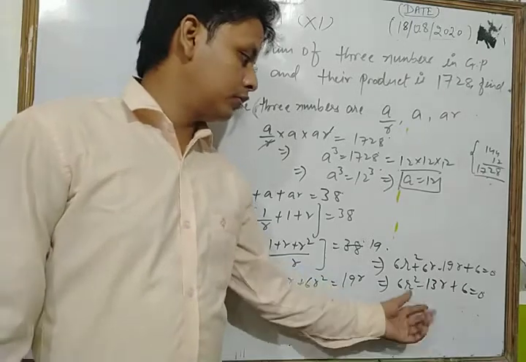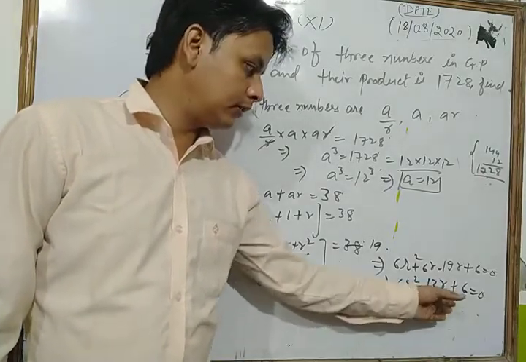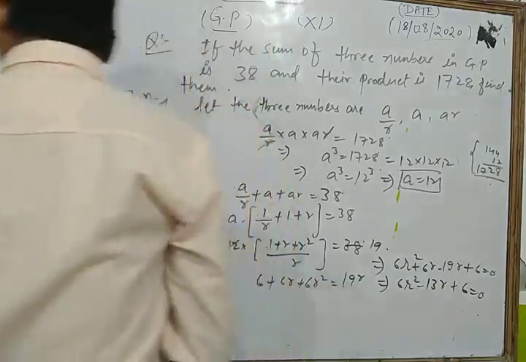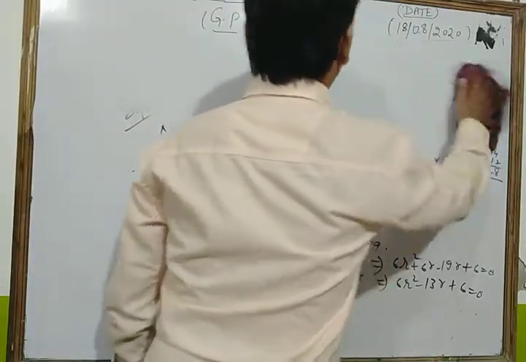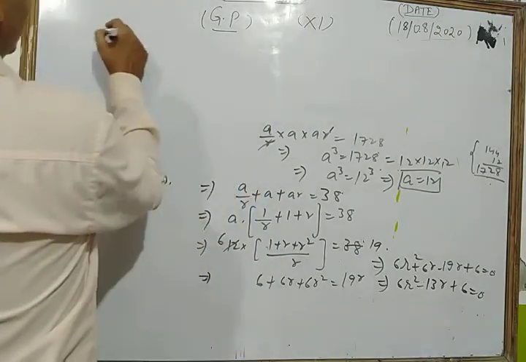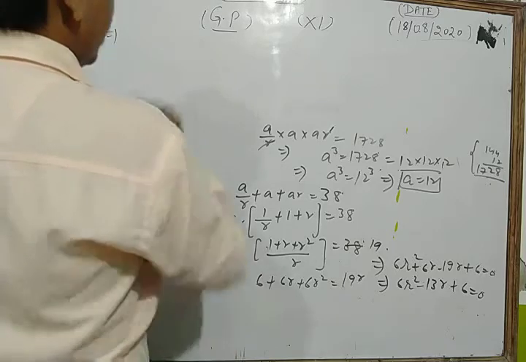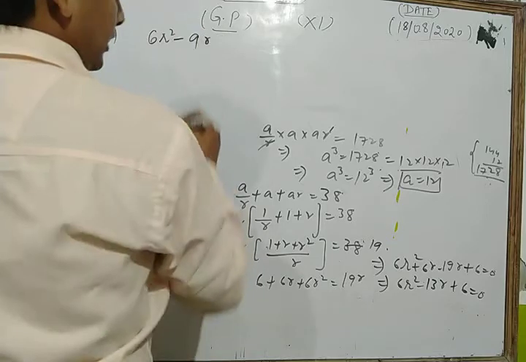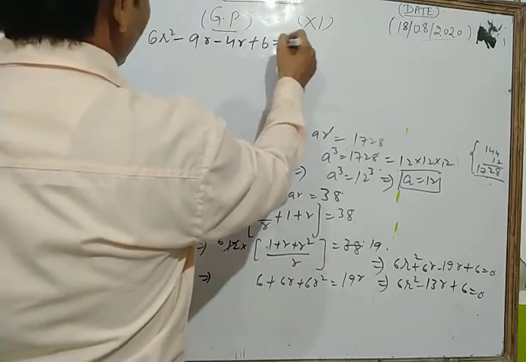We find the value of r by the factorization method. Now let's see the solution. 6 6s are 36, 9 4s, so 6r square minus 9r minus 4r plus 6 is equal to 0.